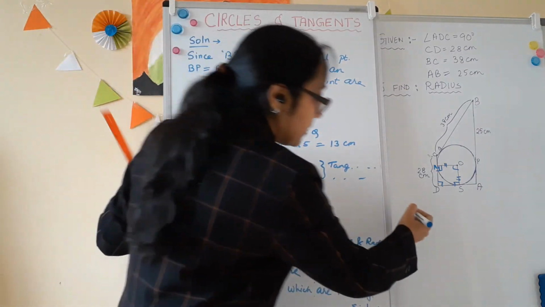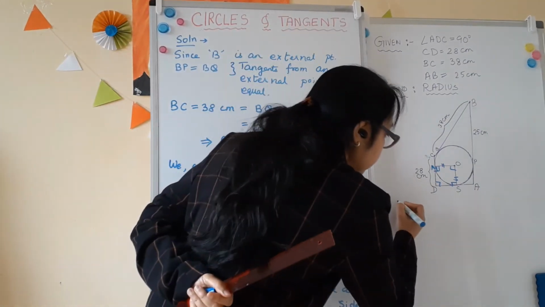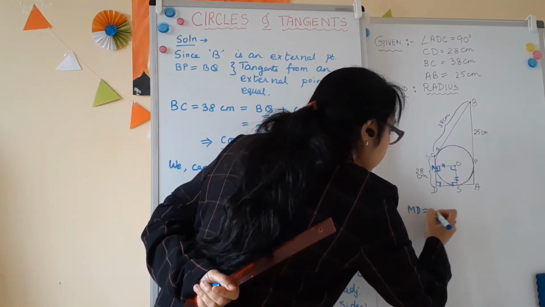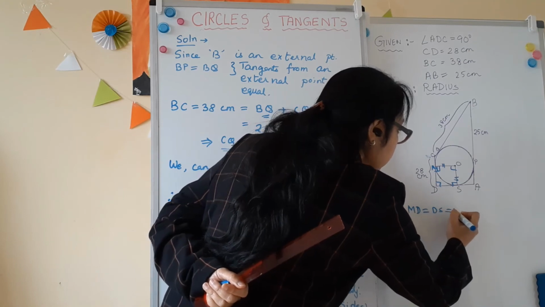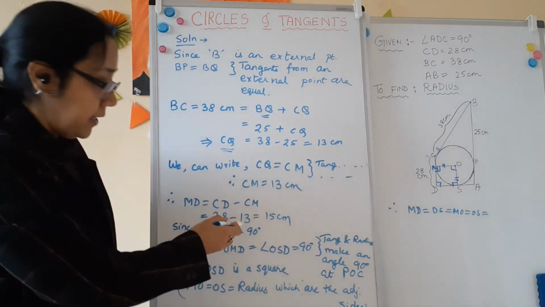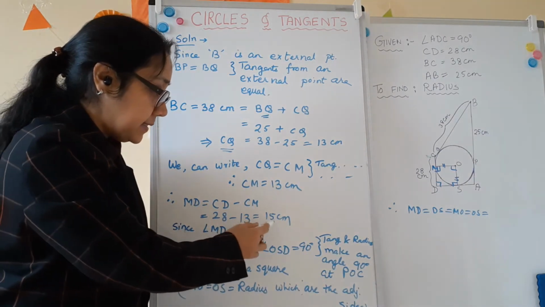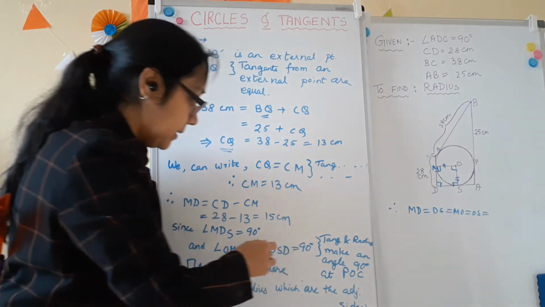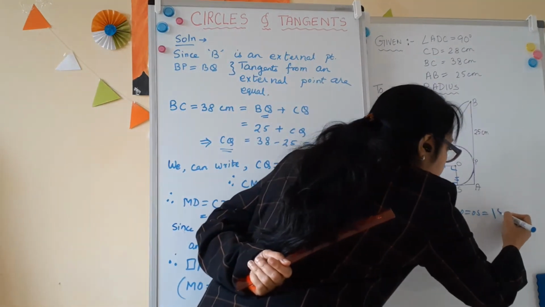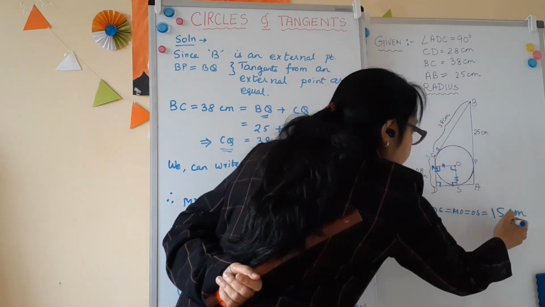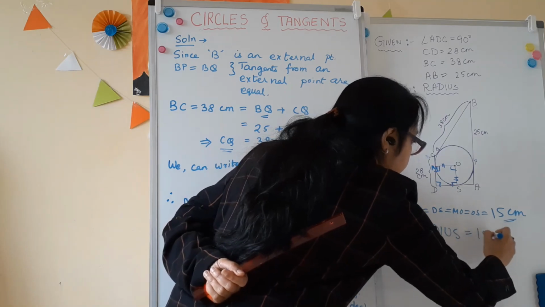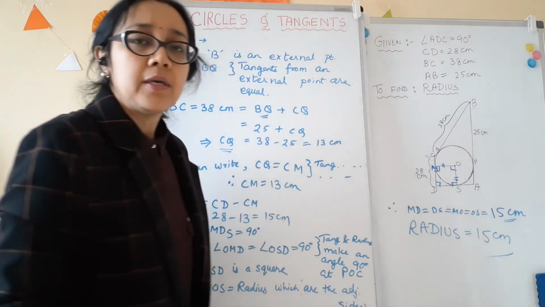Therefore, MD is equal to DS is equal to MO is equal to OS is equal to what? We have already found that MD is 15 centimeter. So radius is equal to 15 centimeter.